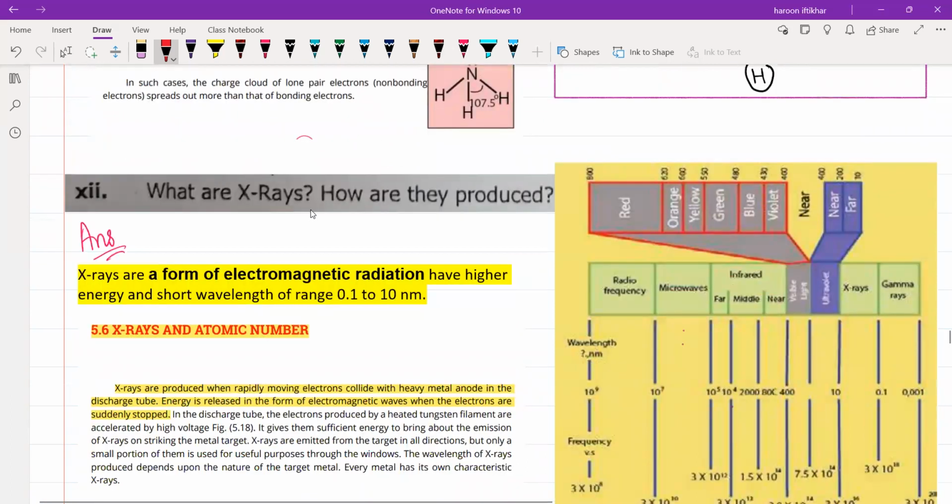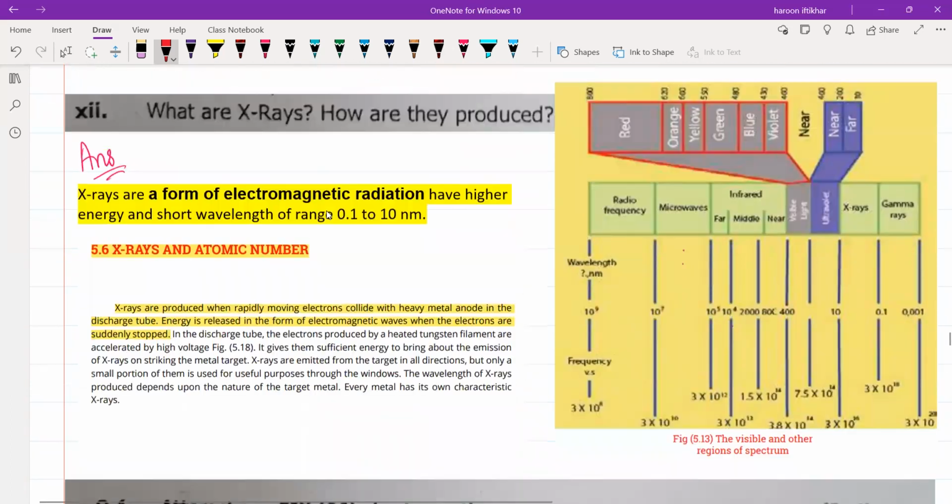Okay, what are X-rays? There is no proper definition of X-rays mentioned in the topic of X-rays, but you can see the definition from this table, 5.13, in which you will see that we have different frequencies, different wavelengths. So X-rays are the rays having wavelength between 0.1 to 10 nanometers.